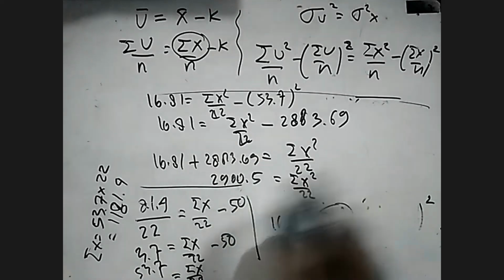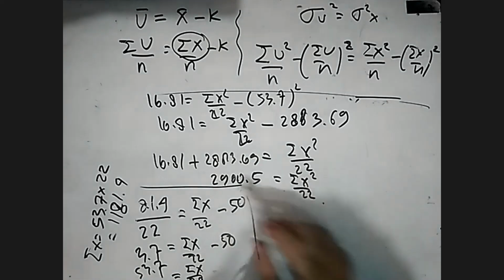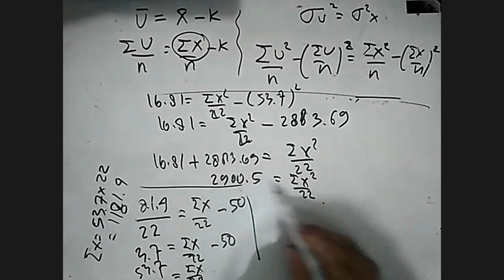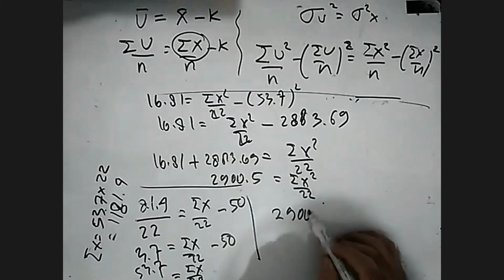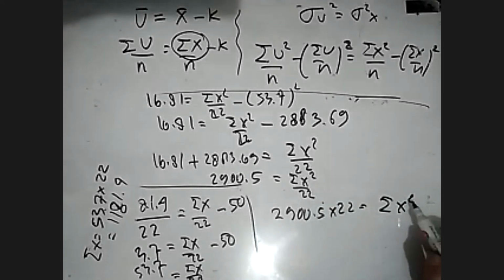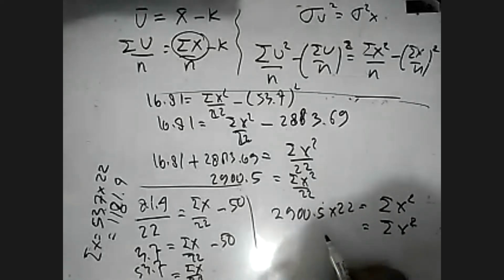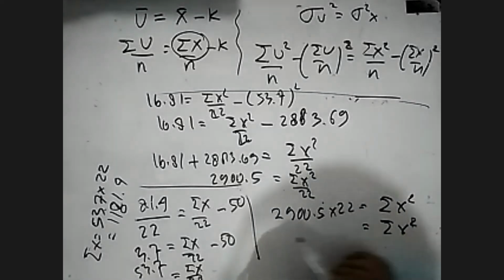Now the last one, if you want to find the sum of the x squared, the 22 goes to the other side. We multiply it. 2900.5 times 22, that's sum of the x squared. And that is? 63811.